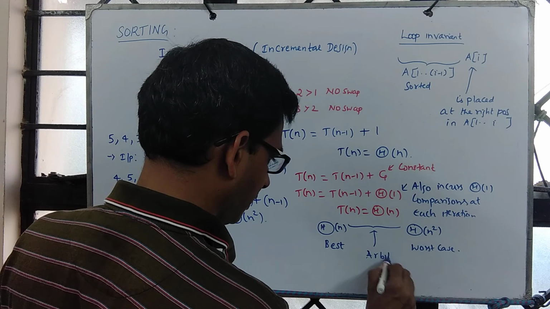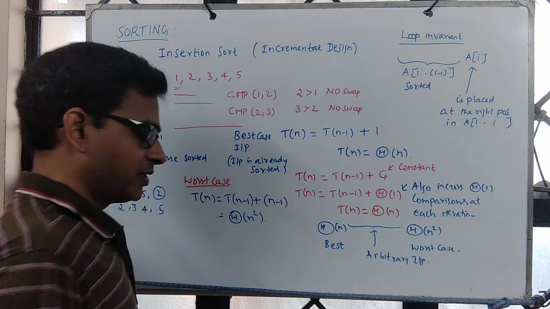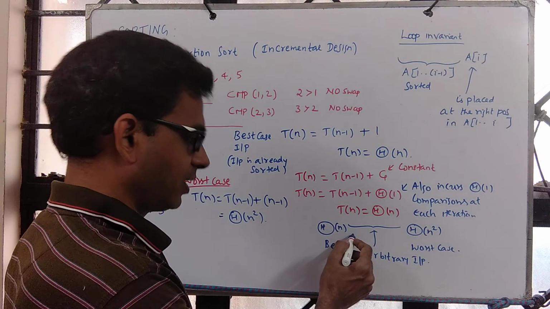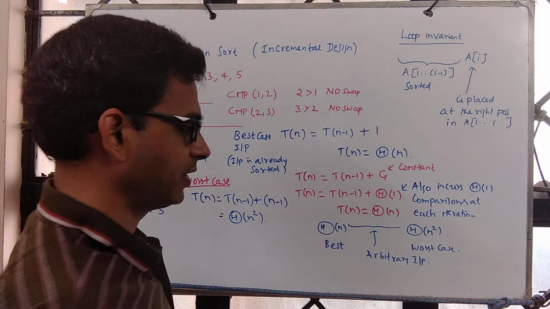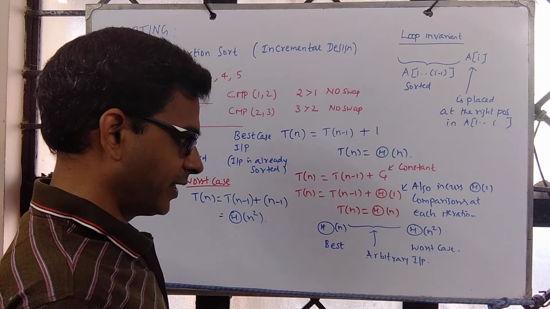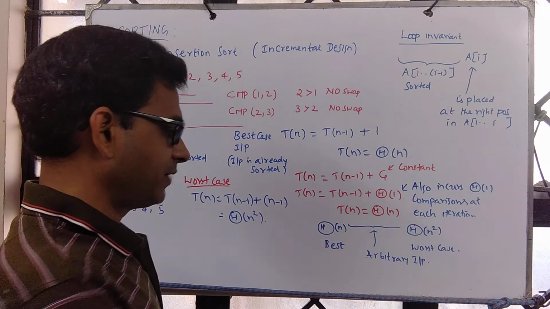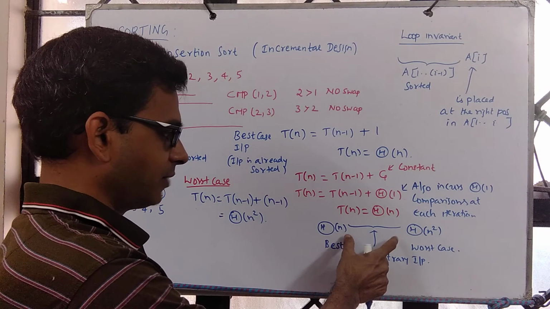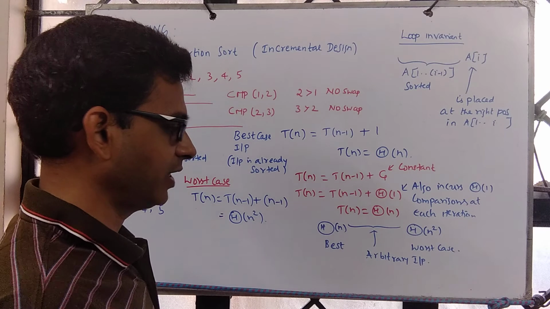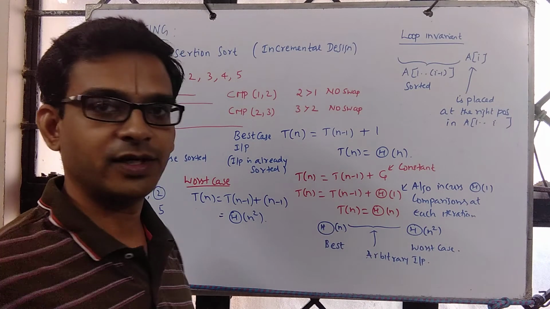That could be the best case, that could be the worst case, or it may take something like n log n, or something a little smaller than that, or n root n. So it depends on the input. For an arbitrary input, it varies from theta of n to theta of n square.